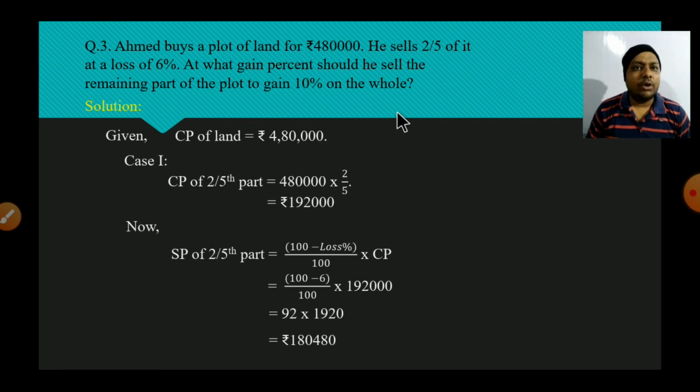That is, he wants to sell the 3 by 5th part at that gain percent so that he will get 10% gain on the whole. So for this, since he wants to achieve this 10% on the whole, let's find at first what will be the SP if he gains 10% on the whole.